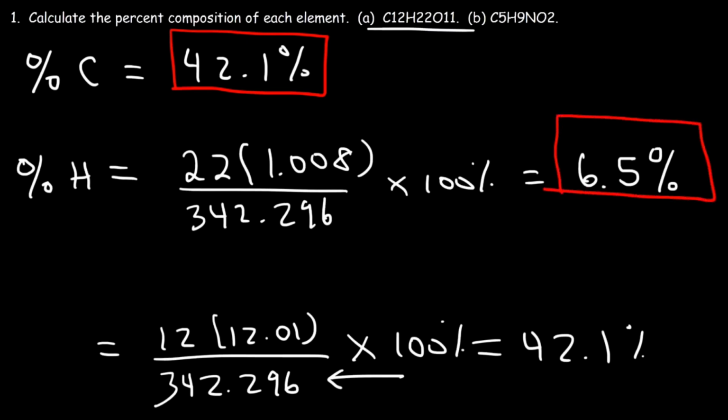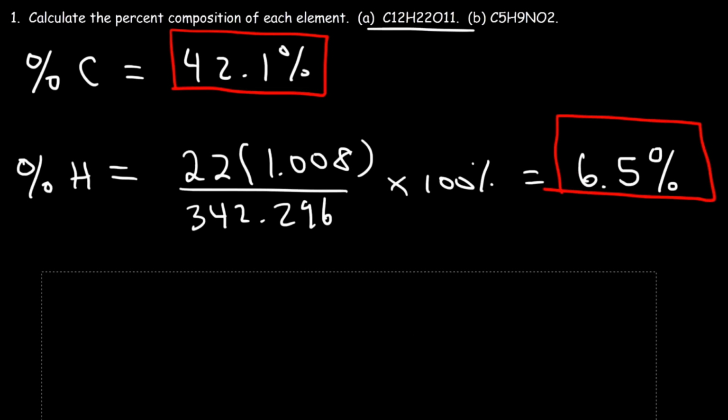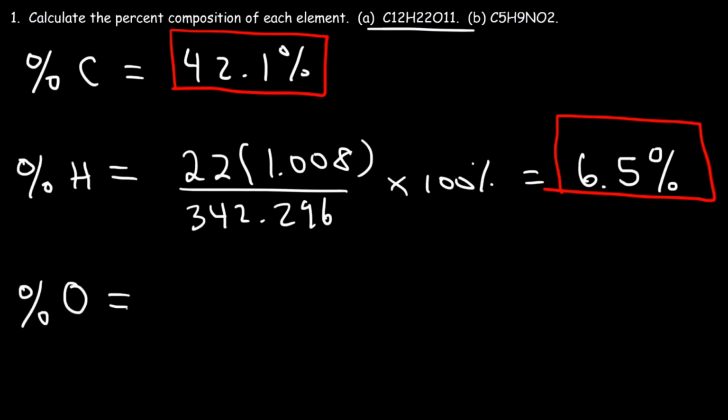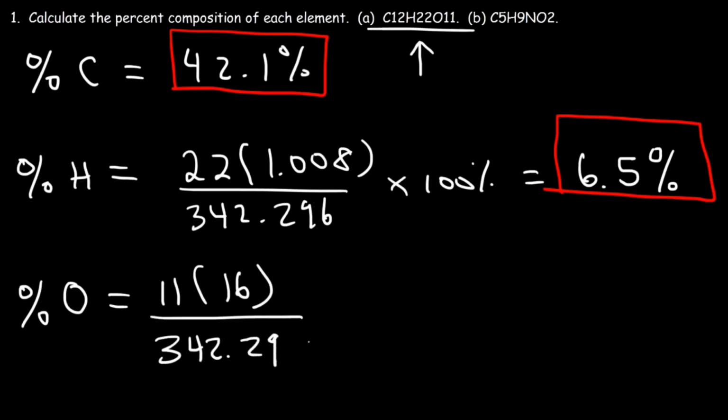Now let's do the same thing with oxygen. So in sucrose, there are 11 oxygen atoms, each with an atomic mass of 16, divided by the total molar mass. 11 times 16 is 176.